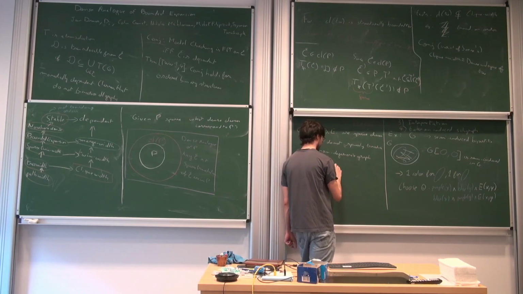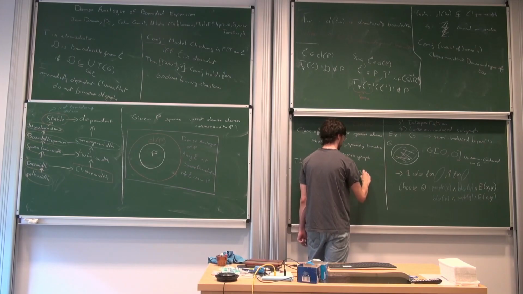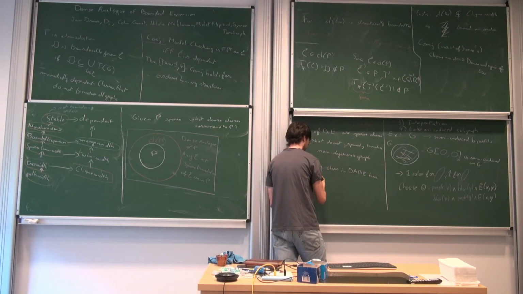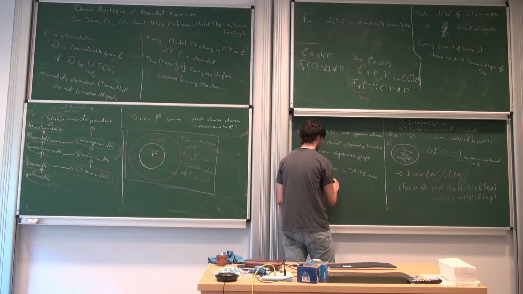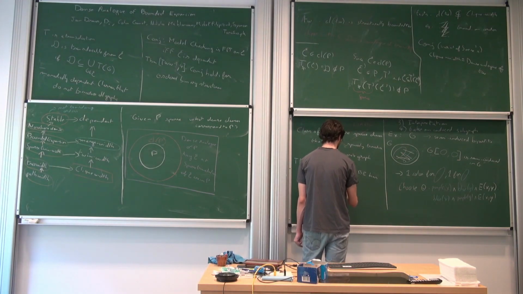So any class in the dense analog has linear neighborhood complexity.